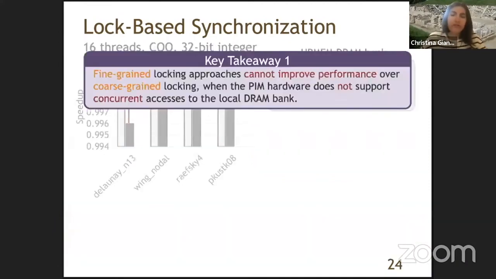So we conclude that the fine-grained locking approach to parallelize critical sections cannot improve the performance over the coarse-grained locking approach when the PIM hardware does not support concurrent accesses to different locations of the local DRAM bank.